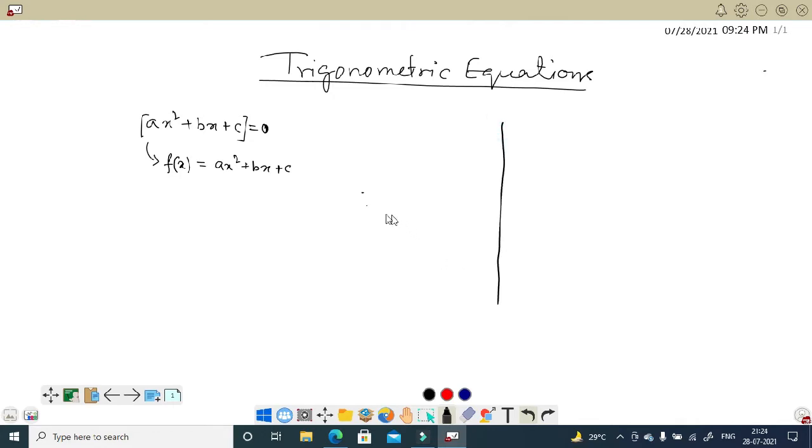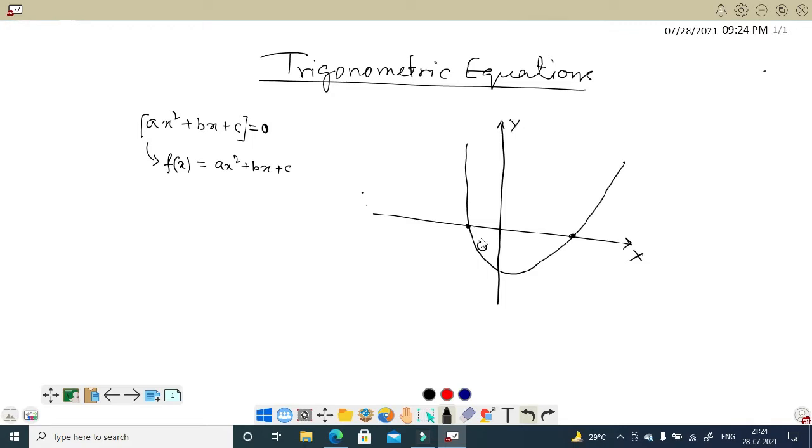If we take the x-axis and y-axis like this, we can draw it in the graph, say like this. If it is a quadratic equation, the graph of that will be looking like a parabola. And the solutions of this quadratic equation will be the points of intersection of the graph with the x-axis.